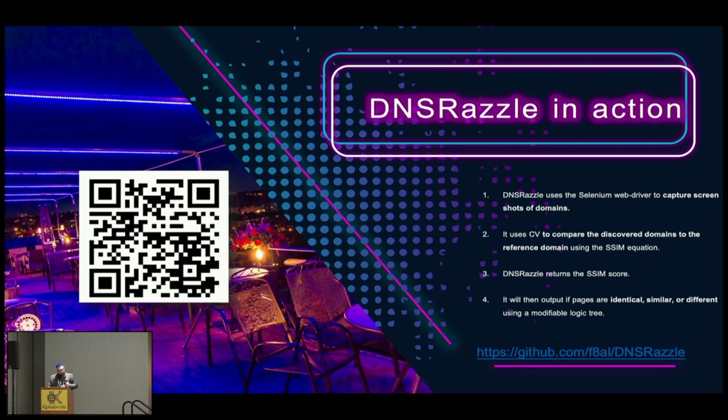Then it uses computer vision to compute the discovered domains and give you the SSIM score. It'll return the SSIM score, and then it will output whether the pages are identical, similar, or different. It also writes all this to a file, so it's really easy to grep through it for those particular keywords to find things that you're going to want to do manual analysis on later.